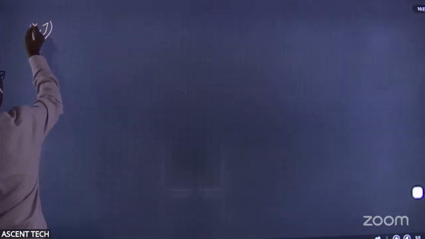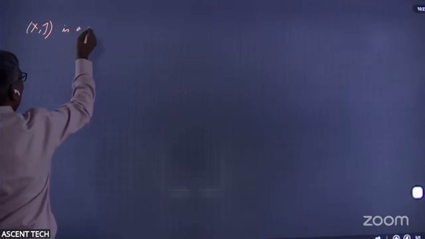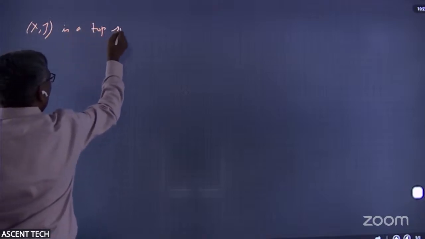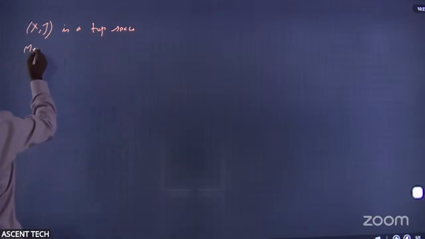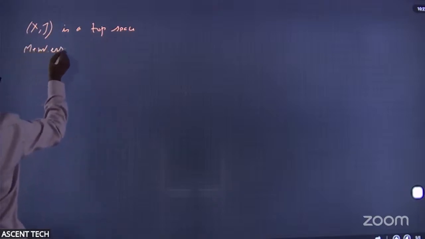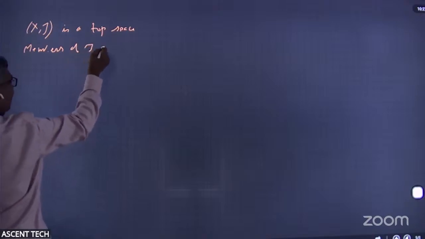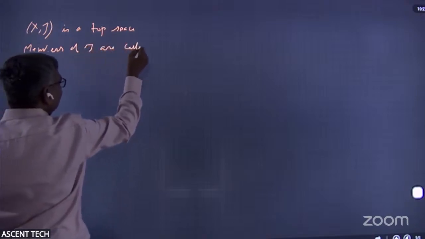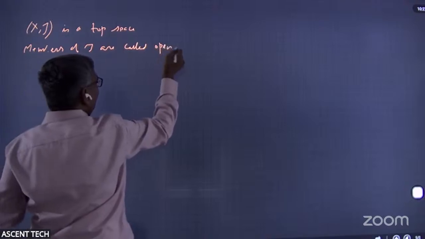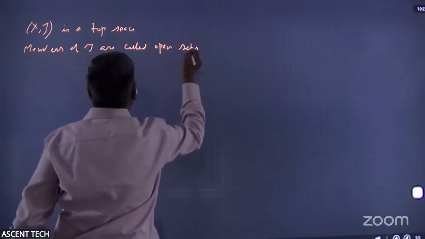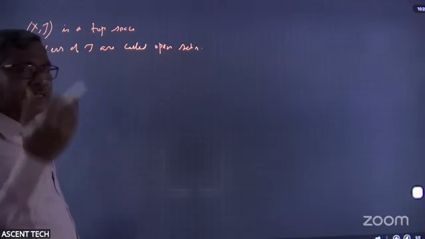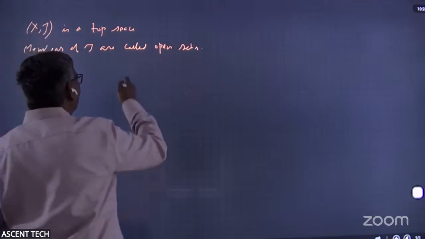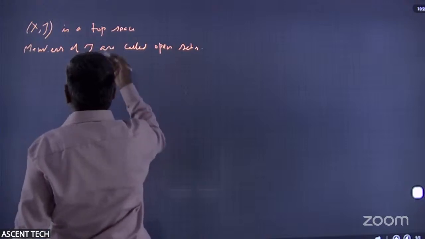X, T is a topological space, and the members of T are called open sets. I said many times I don't even write T extra. I just say X. X is the topological space. That's all I say. Okay, and then I say G is an open set.